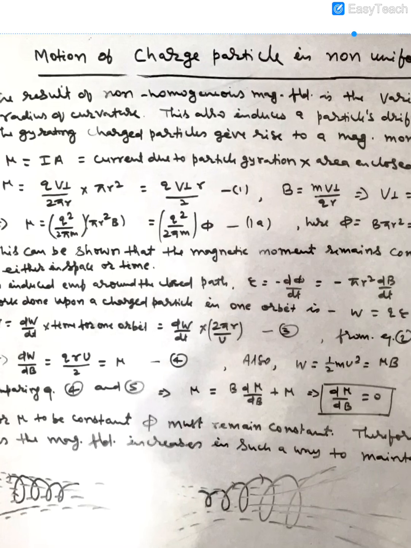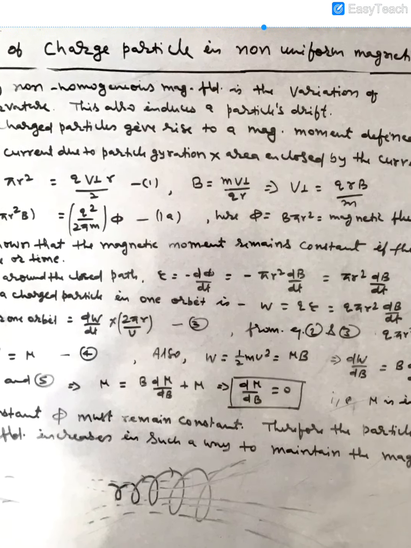Comparing equation 4 and 5, we have mu is equal to B d mu upon dB plus mu, and finally we have d mu upon dB is equal to 0.